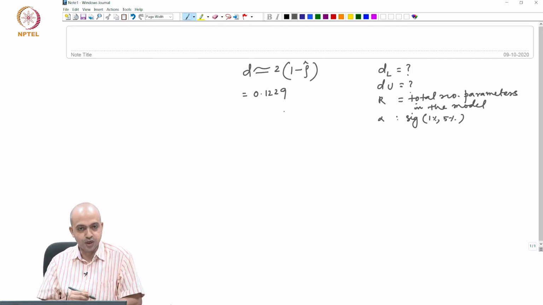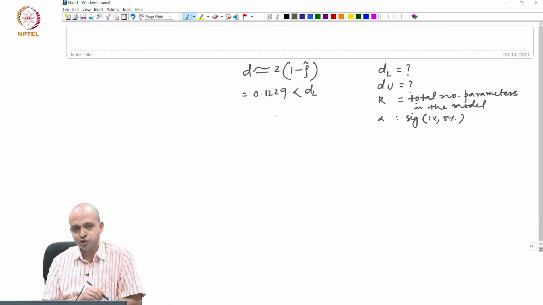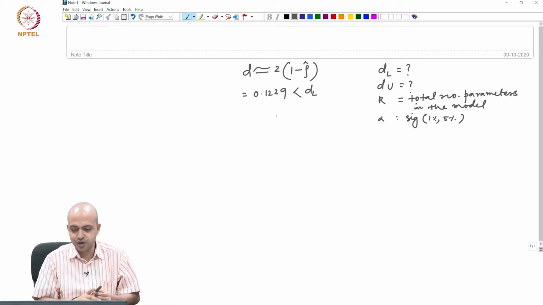Once you get this D value, you have to check DL and DU. If the calculated value is less than DL, the lower limit of Durbin-Watson, you have to reject your null. And what is my null? There is no autocorrelation. When that null gets rejected, you say that your data is suffering from the autocorrelation problem. That is the Durbin-Watson test statistic we discussed.